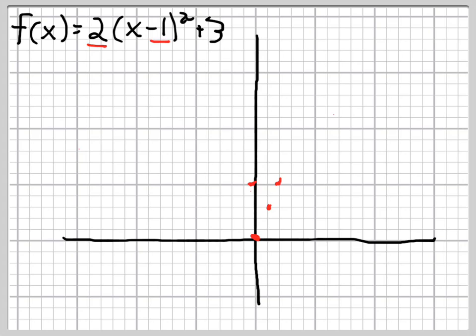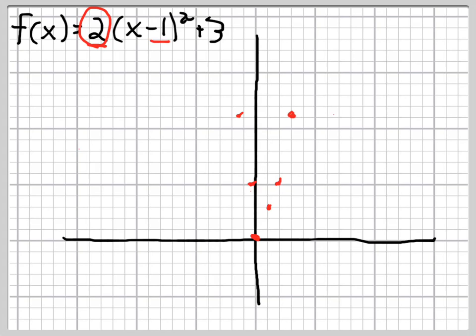Same idea, if I was going to 2, it would be 2, 4, so I'd go over 2, up 4. But now I'm multiplying that y value by 2, so instead of going over 2, up 4, I'm going to go over 2, up 8, which is 1, 2, 3, 4, 5, 6, 7, 8. And again, I'm using my axis of symmetry here.